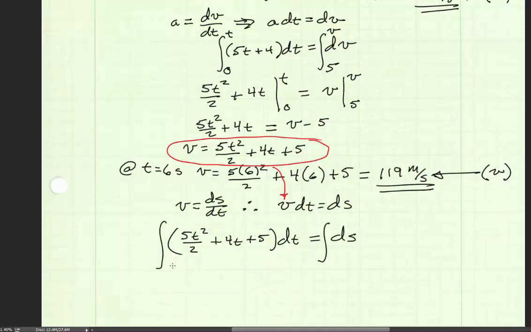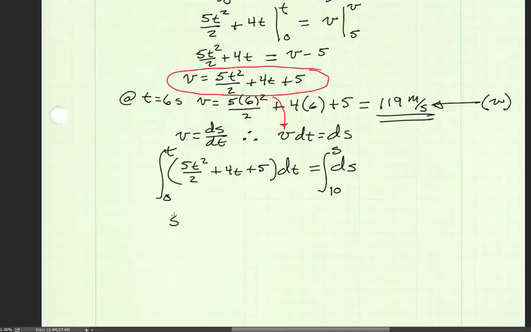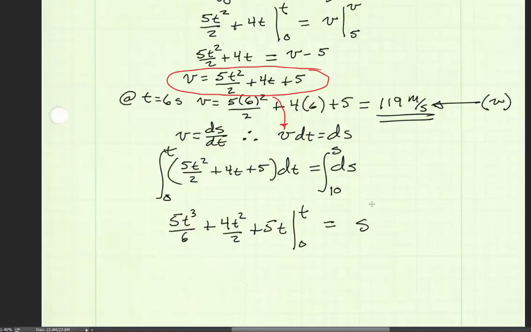Again, we can do this symbolically, so that at time 0, my position was 10 meters, and we're going to time t in position s. So then, doing the integration, 5t cubed over 6 plus 4t squared over 2 plus 5t evaluated from 0 to t is equal to s evaluated from 10 to s.